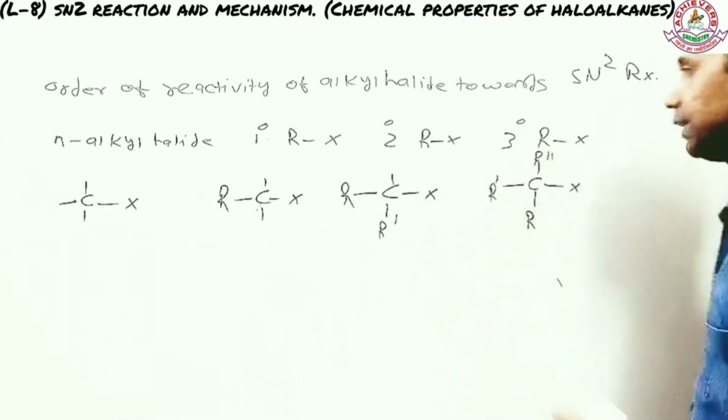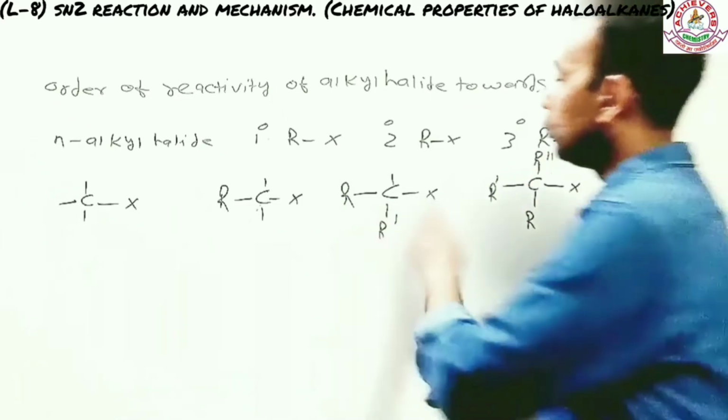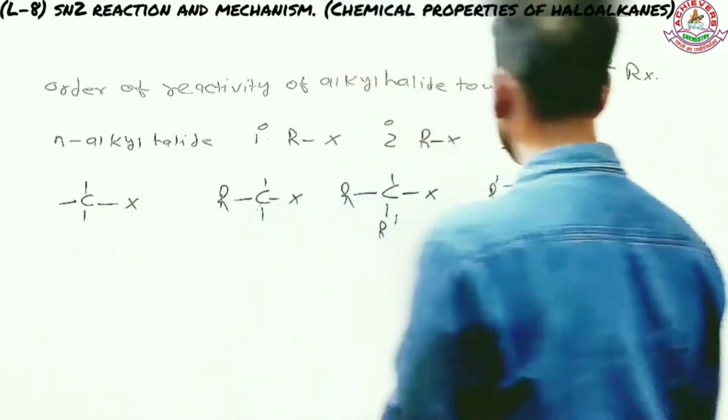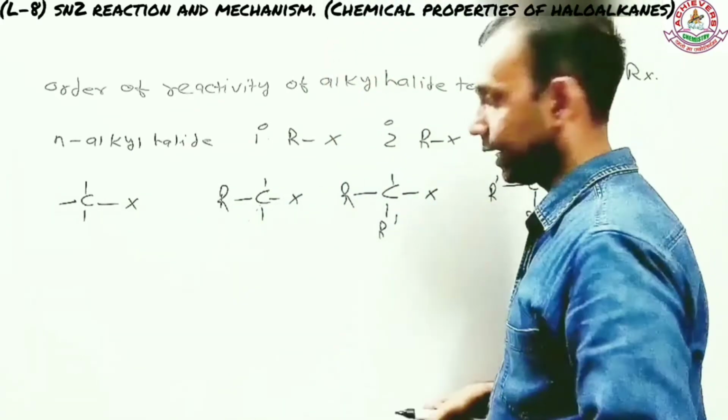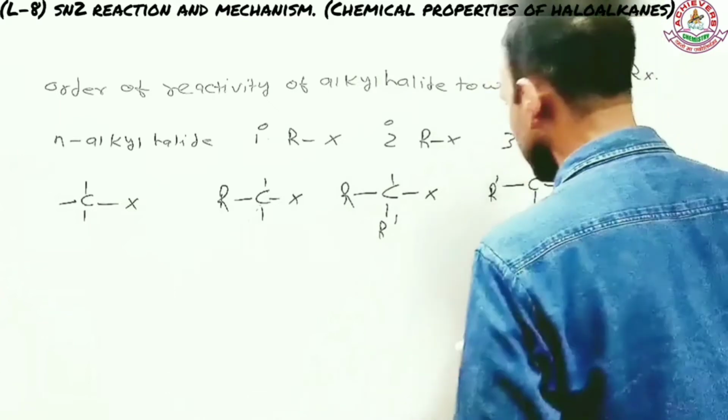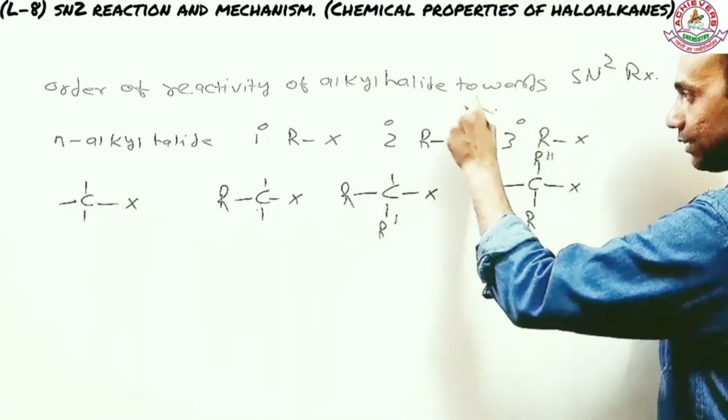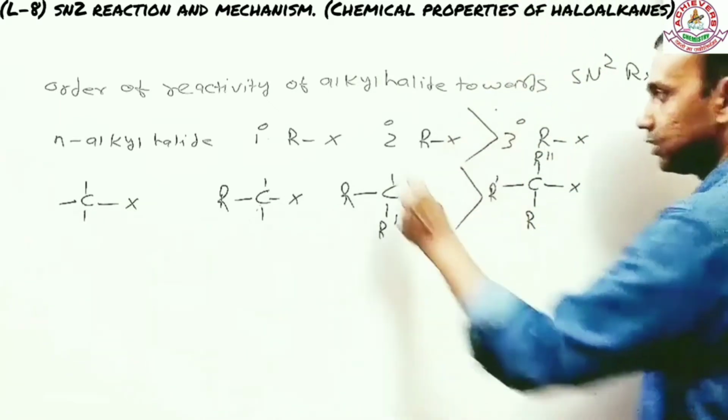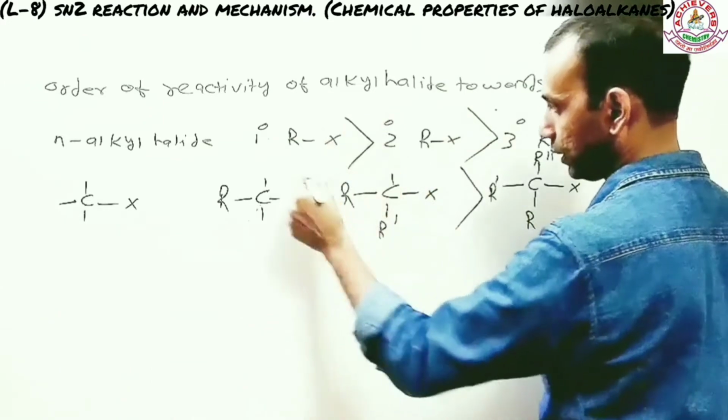So I hope you have understood with the help of the example. Now the question is, which one undergoes the fastest reaction and which one undergoes the slowest reaction? I tell you what, the first sequence is that this one has the slowest reaction. This one has the slowest reaction here.